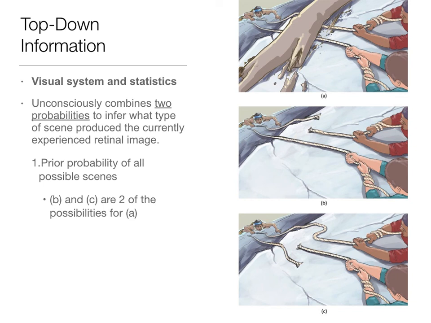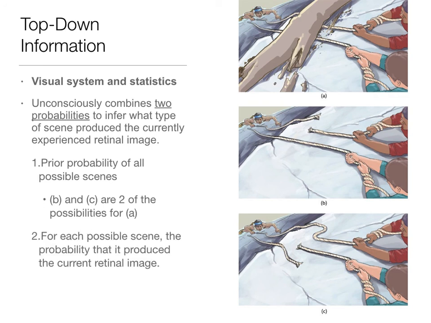And so in the image here that was referenced earlier in the chapter, B and C are both possibilities for A. There's lots of different possibilities for A, but B and C are two of the many possibilities. And what your visual system is unconsciously doing, the theory says, is combining all of those. It's also taking information on, for each possible scene, the probability that it produced the current retinal image.